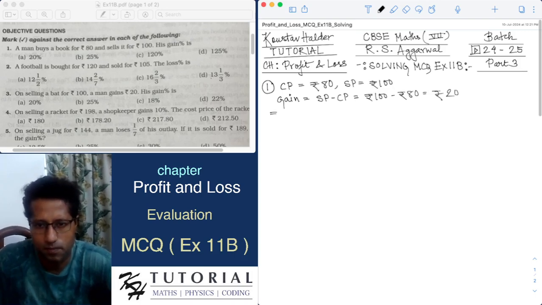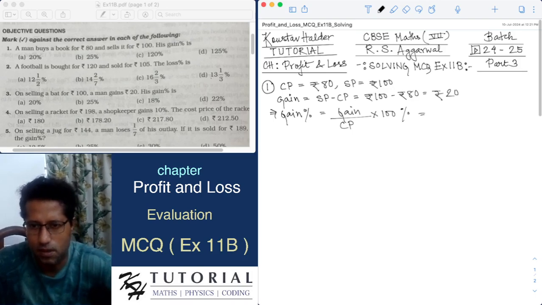Therefore gain percent is gain divided by the cost price multiplied by 100, this much percent.